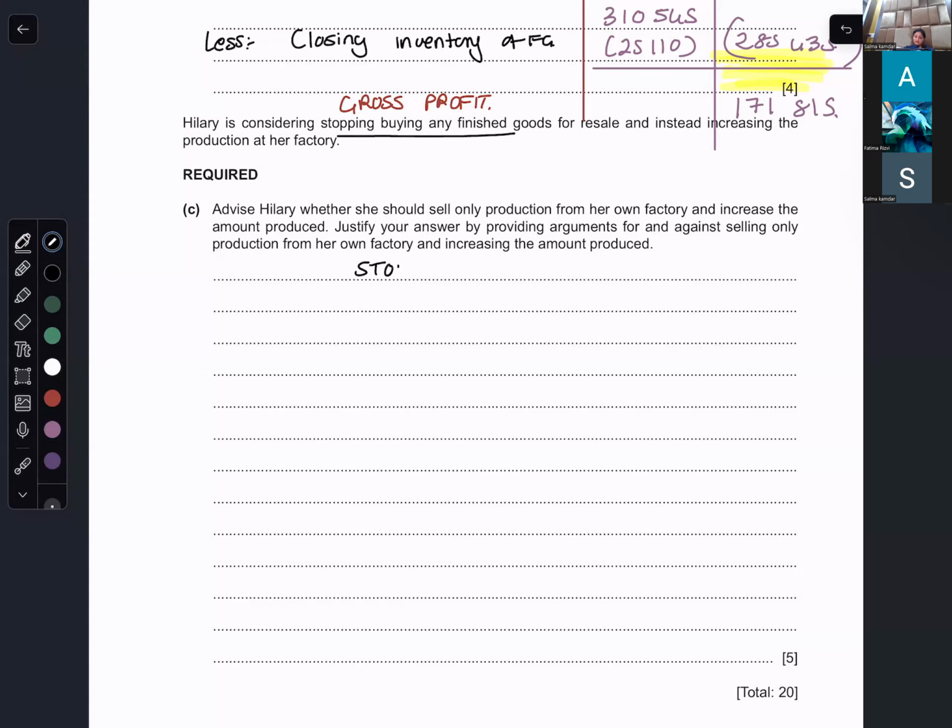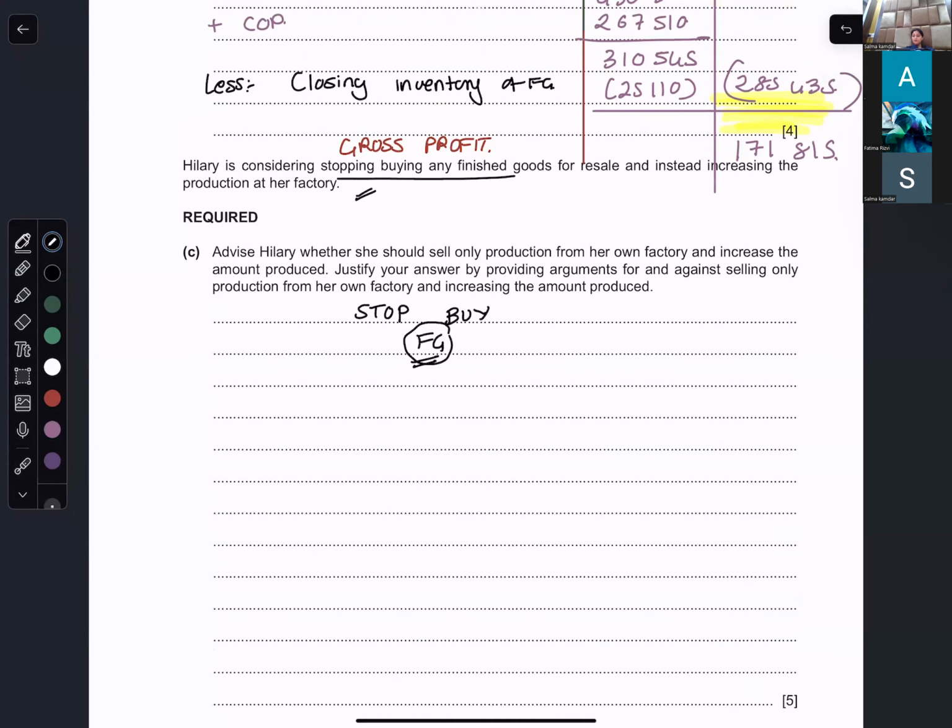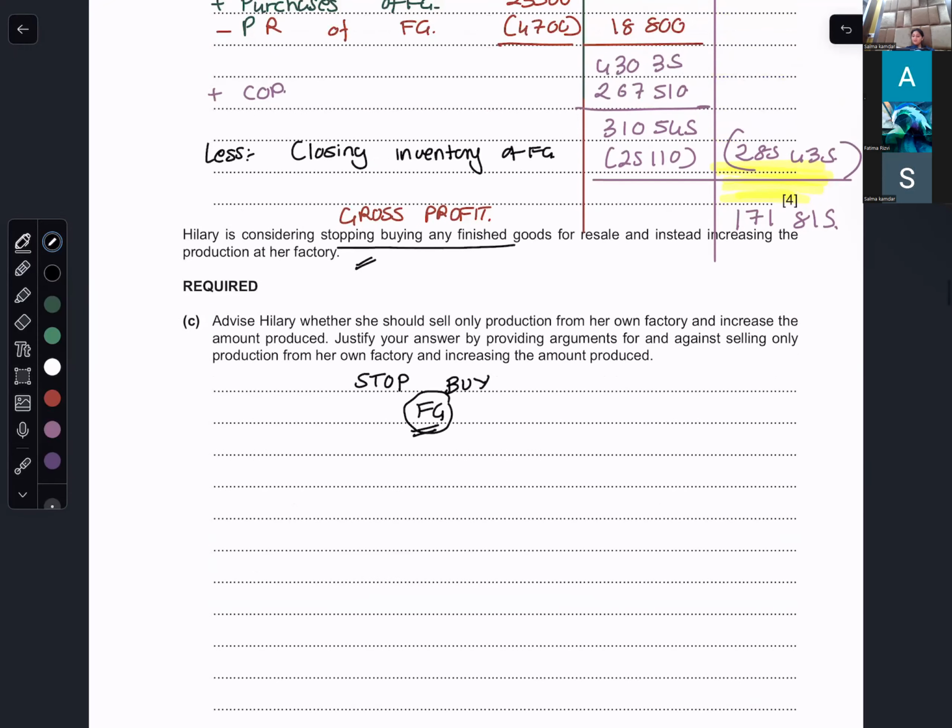She's considering to stop buying finished goods. That means instead of buying finished goods, she should manufacture more goods. So instead of buying, she should produce.